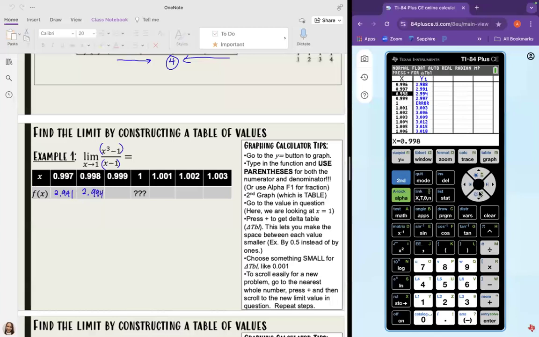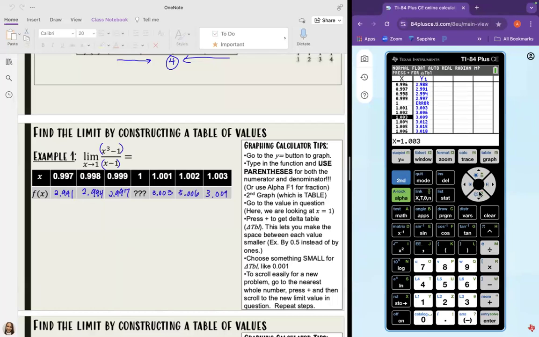And at 0.999, it's 2.997. Now let's look at the other side. 1.001 is 3.003. 1.002 ends up being 3.006. And 1.003 is 3.009.